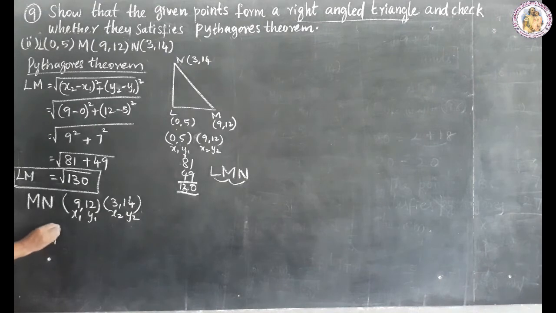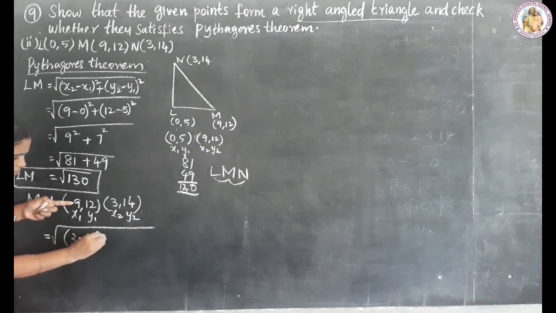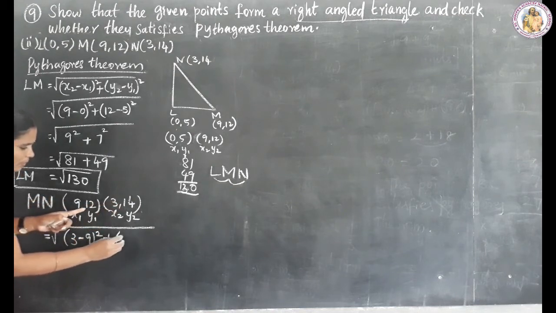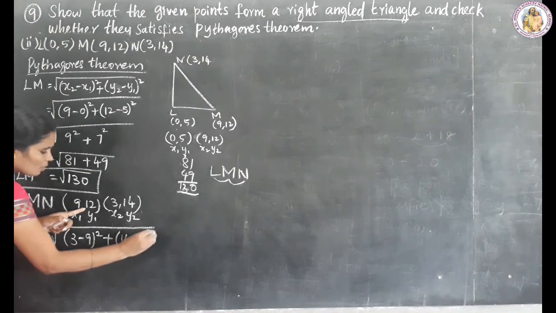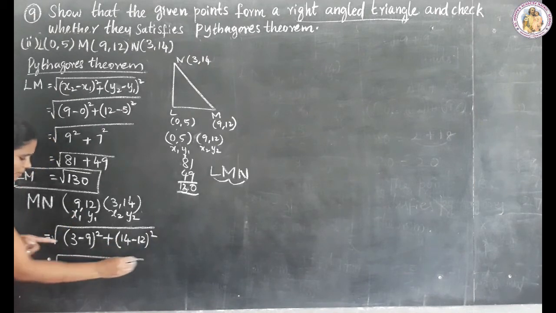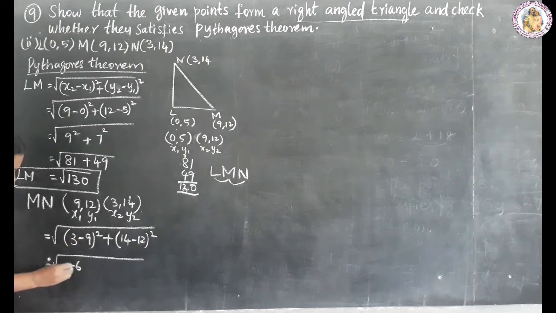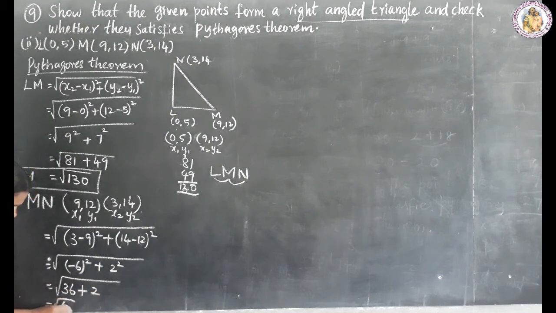By the distance formula, that is x2 minus x1, 3 minus 9 whole square, plus y2 minus y1, 14 minus 12 whole square. 3 minus 9 is minus 6, whole square, plus 14 minus 12 is 2, square. 6 into 6 is 36 plus 2 into 2 is 4, is equal to root 40. So MN is equal to root 40 units.